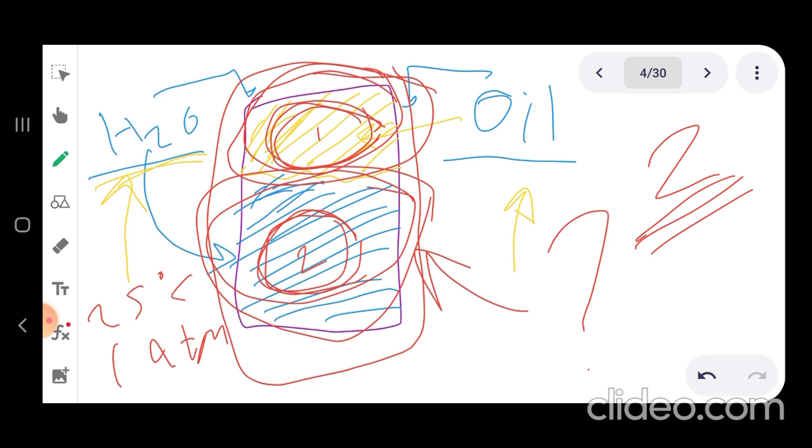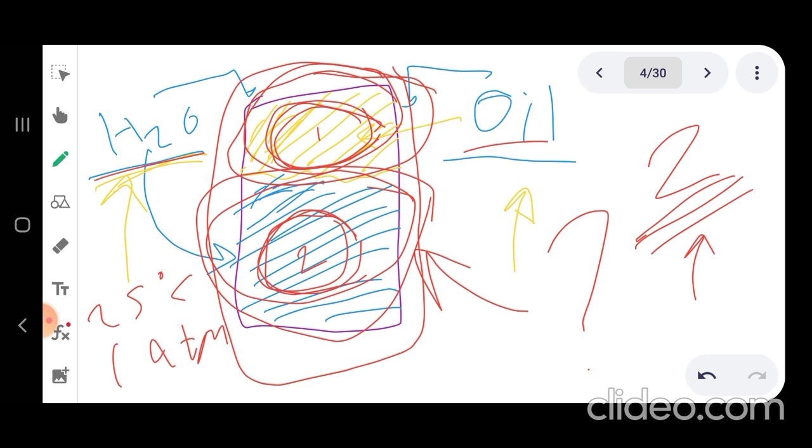We still have a liquid state. Oil is liquid and H2O is liquid, but we have two phases. Why do we have two phases? Because we have a contrast in the composition, the chemical makeup.